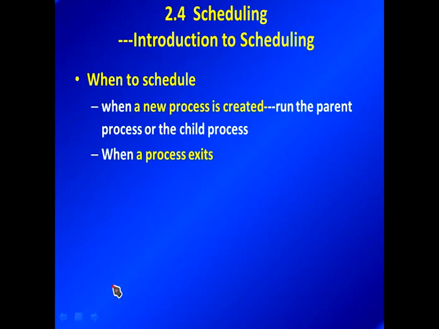And the second case is when the process exits. If you recall the life cycle of a process, it can be created and make a lot of transitions among those three basic states.